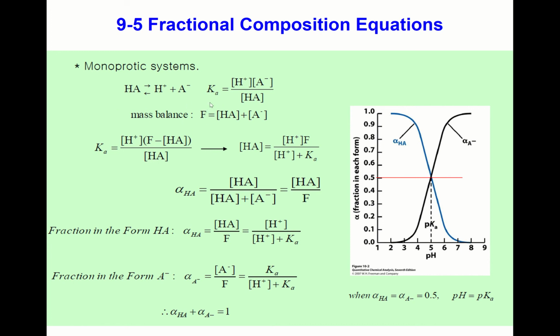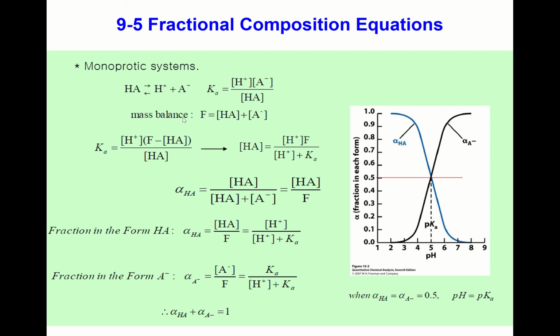In solution, except for the proton, this weak acid exists in only two different forms. The first one is HA, the not dissociated form, and the dissociated form. We want to calculate, at a given pH, the portion, which is the fractional composition, of each species.